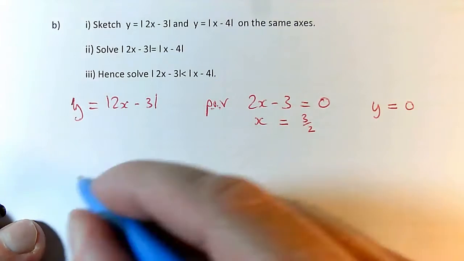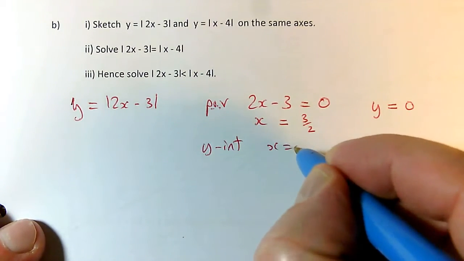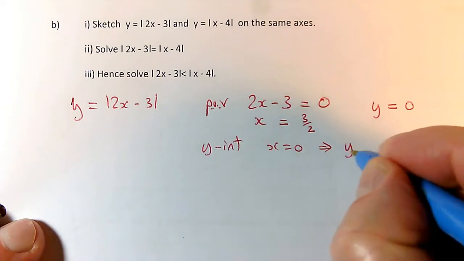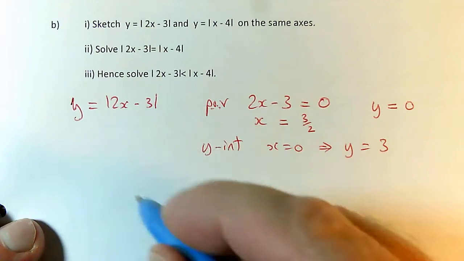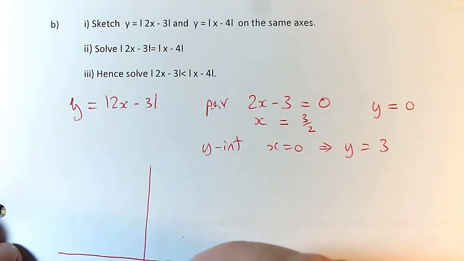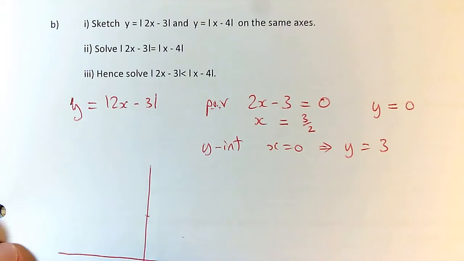For the y-intercept, that's when x is 0, and y is then the modulus of 0 minus 3. Modulus of minus 3 is 3. So the first graph has got the point of the v at 3 over 2 and a y-intercept of 3, so those positions look reasonable.